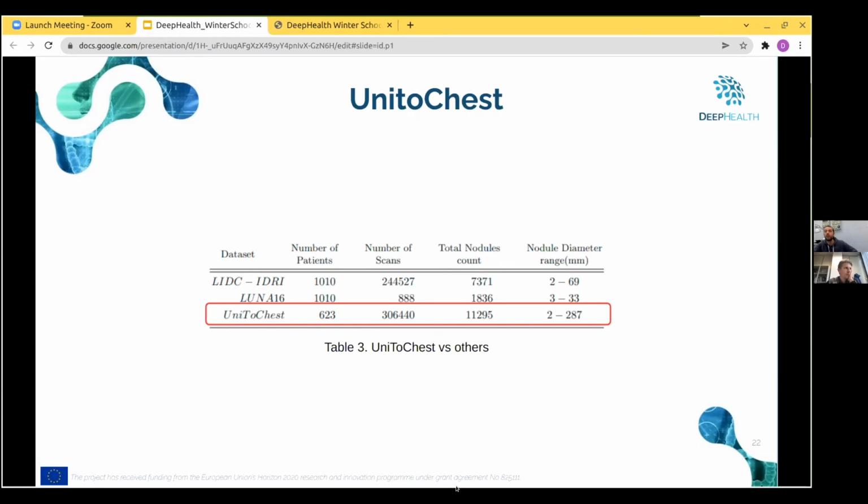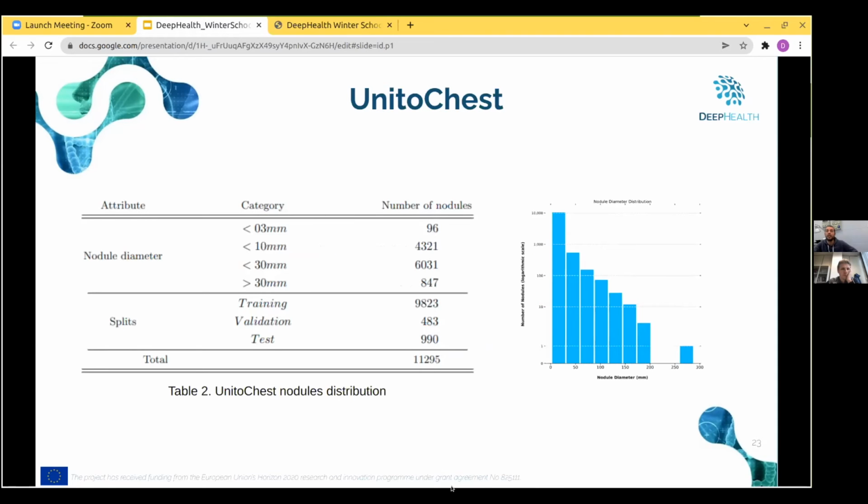UnitoChest not only has the largest number of annotated nodules, over 10,000, but also a higher variety of nodule sizes. In this slide, we can see how the dimensions of the nodules are distributed within the dataset. Most of these fall between 10 and 30 millimeters in diameter, which is the size of the most frequent pulmonary nodules.